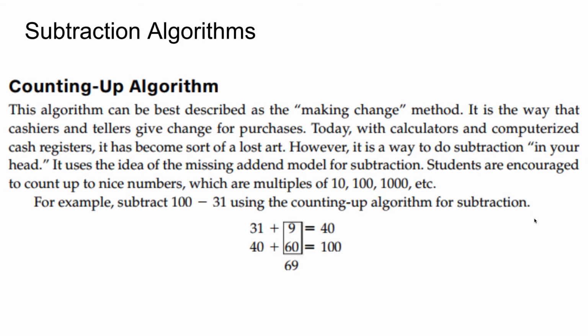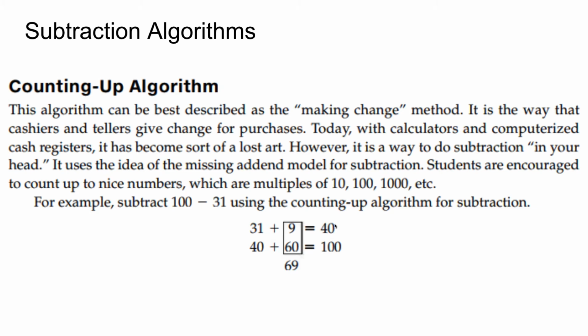You can also think about counting up. We talked about that earlier, but always to make it an easier number. For example, to subtract 31 from 100, you can change 31 to 40. What did you do here? You added a 9 to it, right?